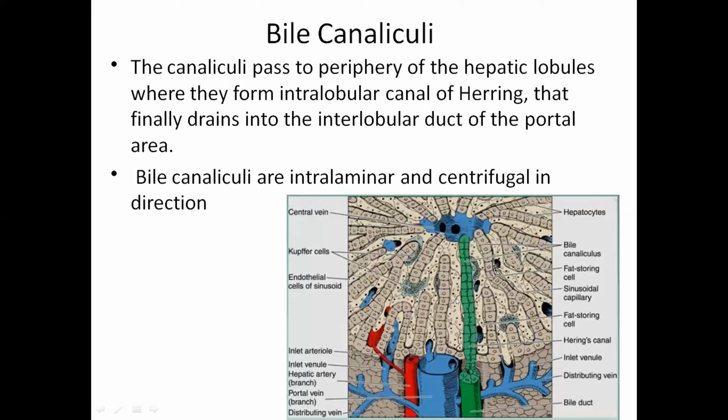So these bile canaliculi are intralobular and centrifugal in direction. Flow of bile is from the central vein outwards, while flow of blood was from the periphery towards the central vein. So bile flow will be in the opposite direction, from the central vein towards the periphery.